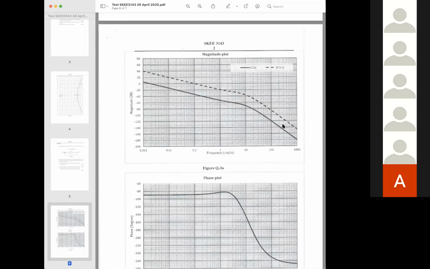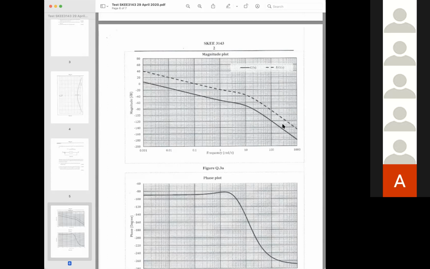Right. Okay. Oh, I see. K is when you have a gain adjustment. KGS, the dotted line, is after gain adjustment.